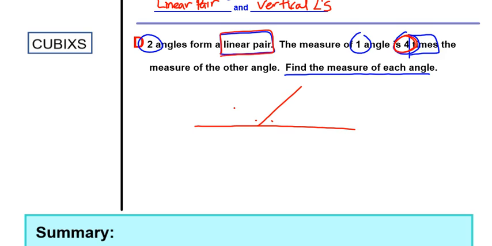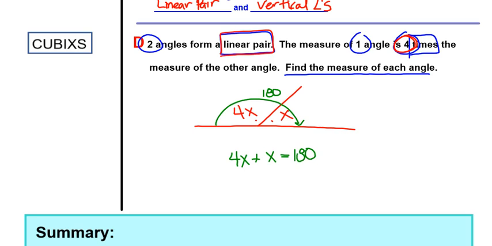That tells us that one of them is going to be 4x and the other one is just going to be 1x. It is 4 times as large. Multiply times 4. And then we think back and we realize, oh yeah, these are a linear pair. And a linear pair make a straight line. And a straight line is 180 degrees. So I have the equation 4x plus x equals 180.